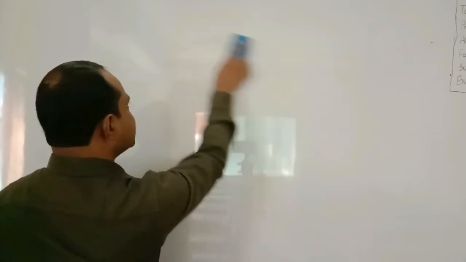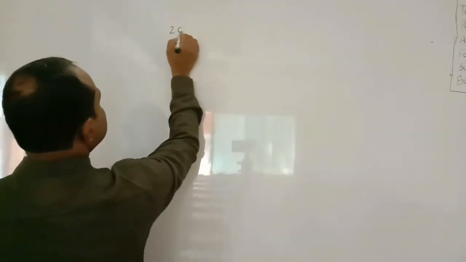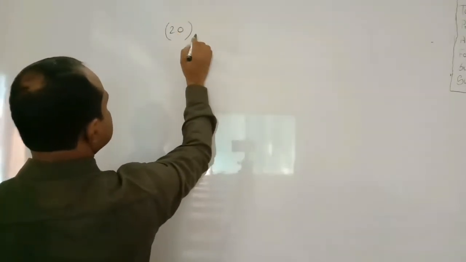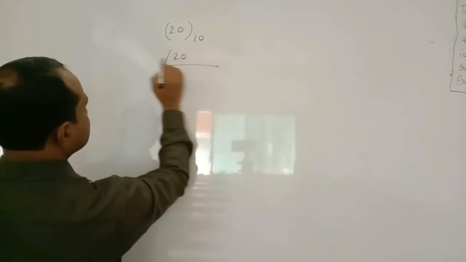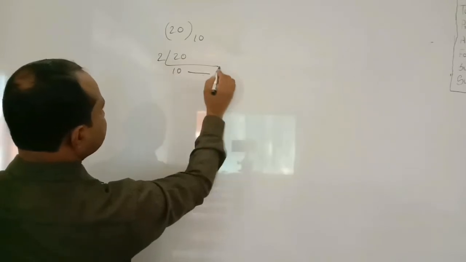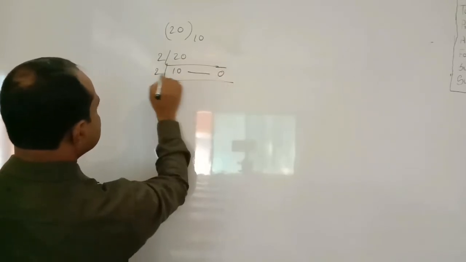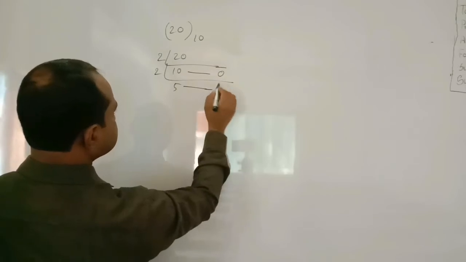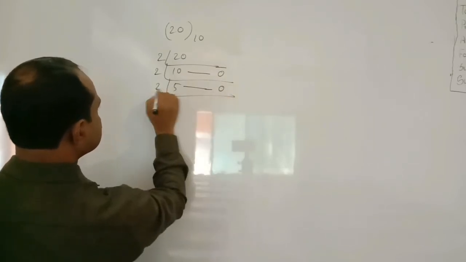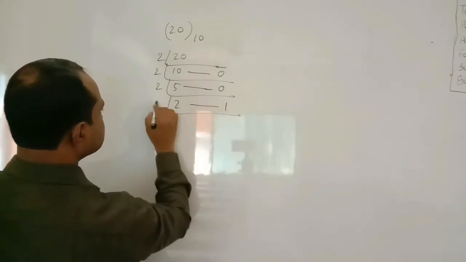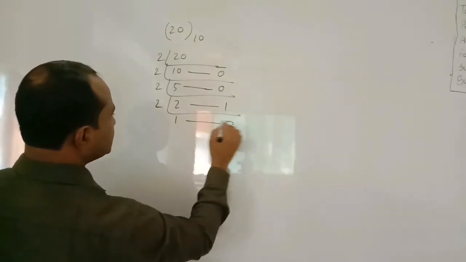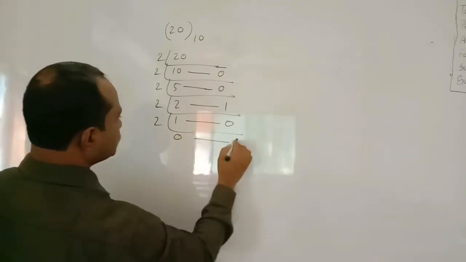To use this process, at first I have to convert the number into binary. Now 20 is a decimal number. At first I have to convert it into binary. 2 into 10, remainder is 0, again 2 into 5, remainder 1, 2 into 2, remainder 0, 2 into 1, remainder 1.